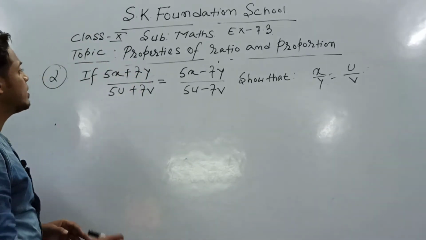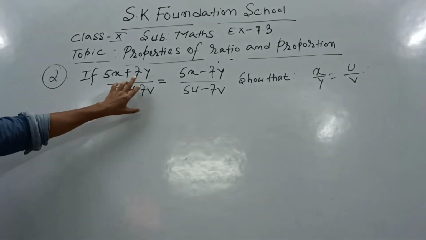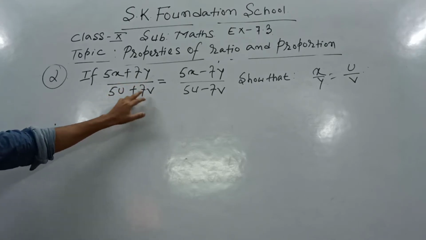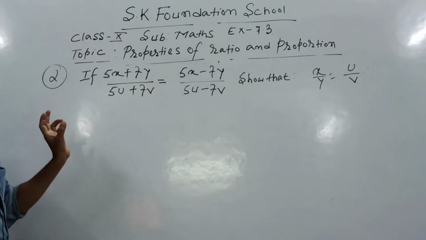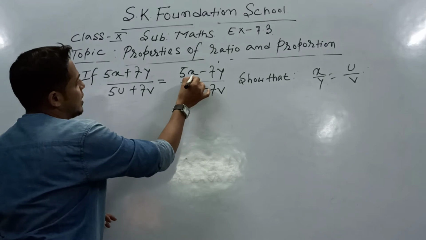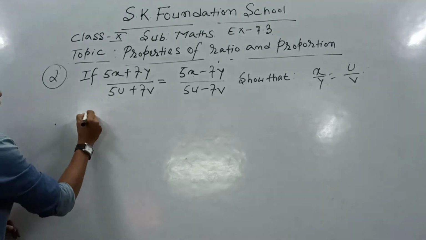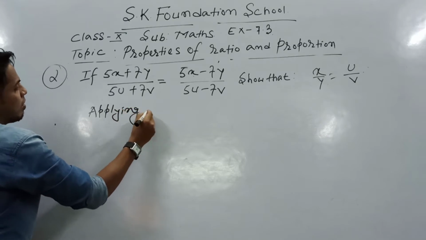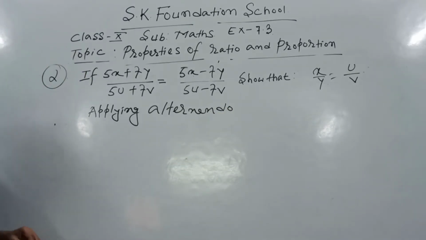Now here we are going to convert expanded form to reduced form. Look at here, the numerator part 5x plus 7y and the denominator 5u plus 7v are not similar, right? Actually, this 5x plus 7y is almost the same as this 5x minus 7y because it contains x and also x, y and also y. So first we apply the property alternando.